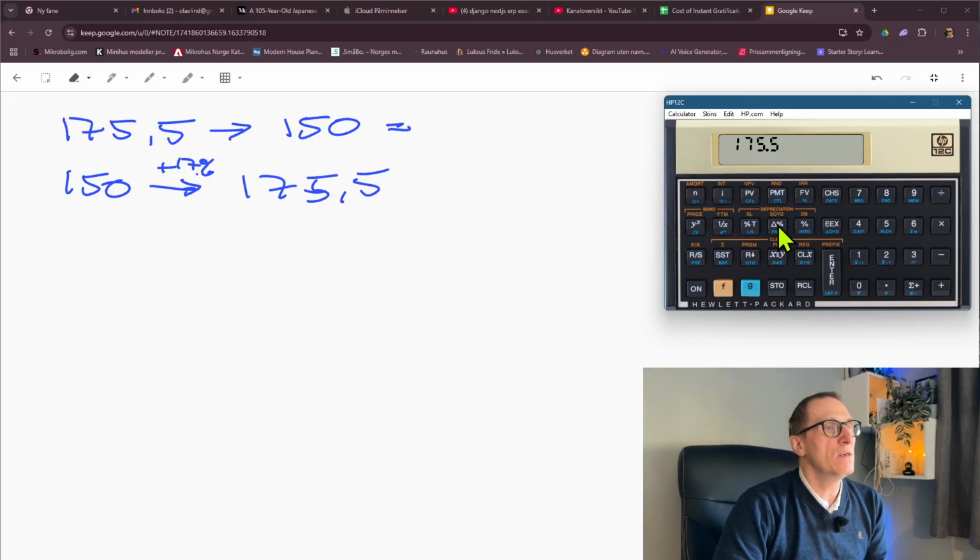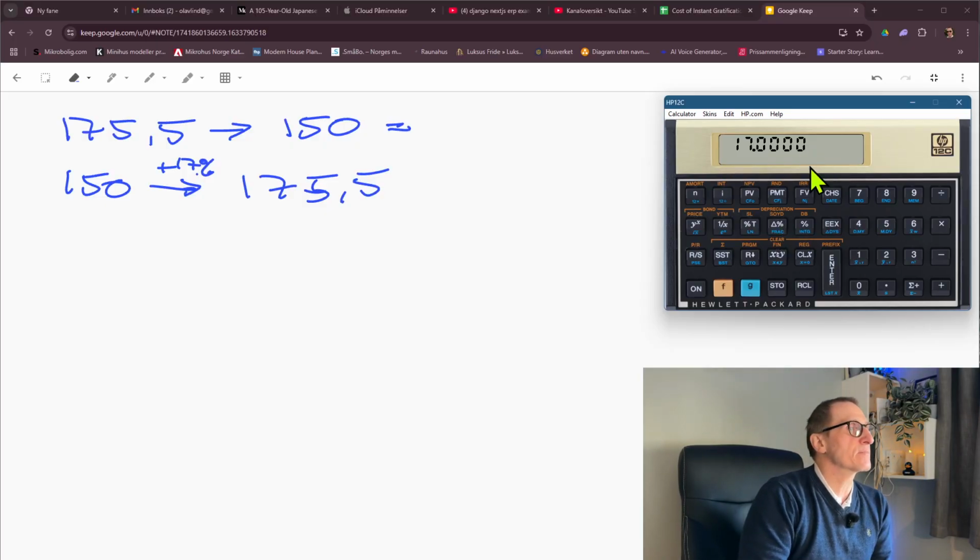I press the delta percent key and I get 17%.